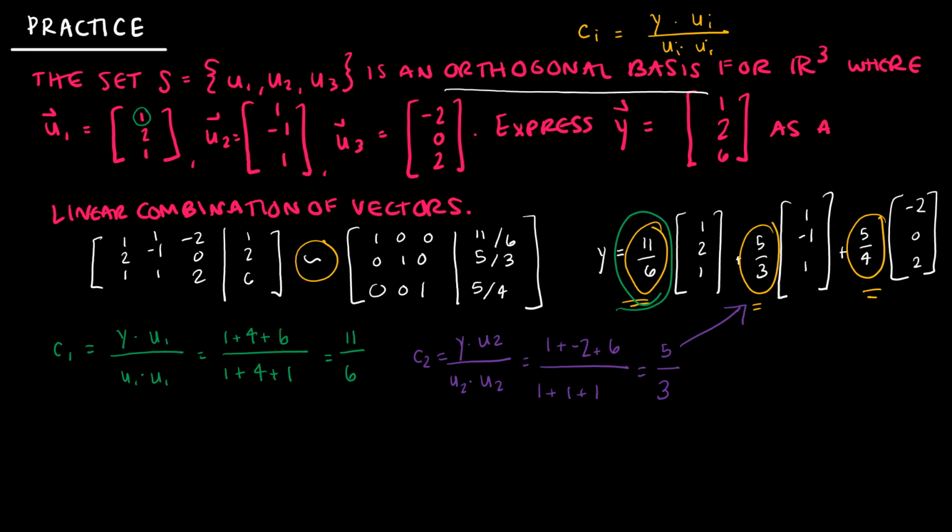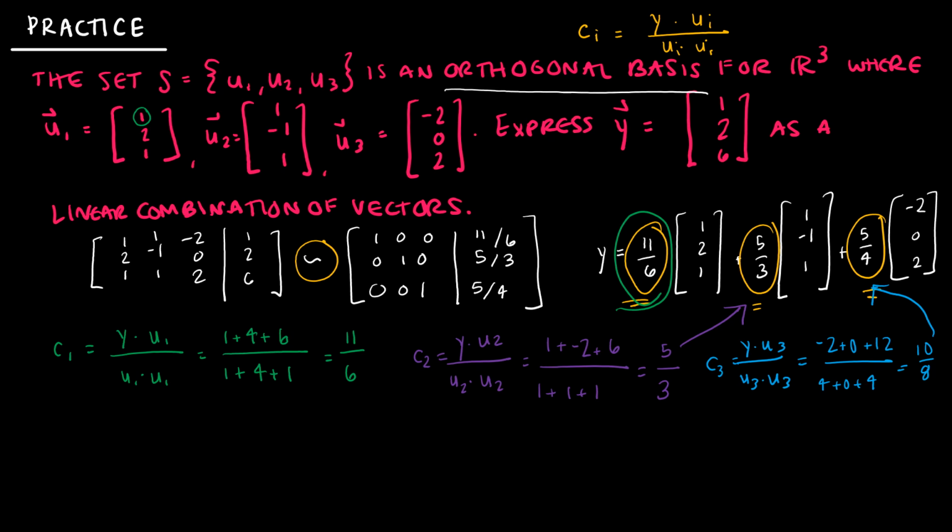And then let's do one more, which is C3, which is y dot u3 over u3 dot u3. And that gives me 1 times negative 2 plus 2 times 0 plus 2 times 6, and then u3 dot u3 would be 4 plus 0 plus 4, and that gives me 10 over 8, which reduces to 5 over 4.